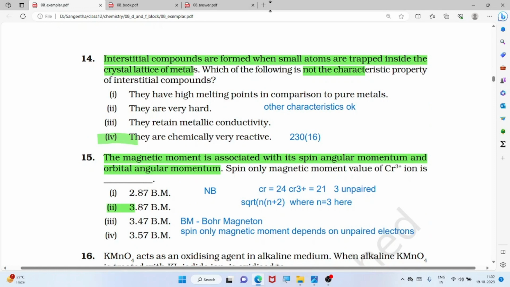Interstitial compounds are formed when small atoms are trapped inside the crystal lattice of the metal. Which of the following is not a characteristic property of these compounds? Okay, these things are all correct, only this is wrong.